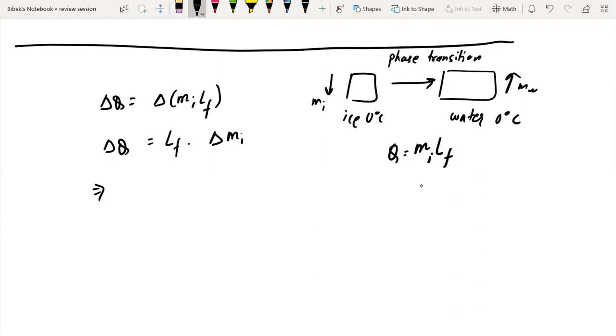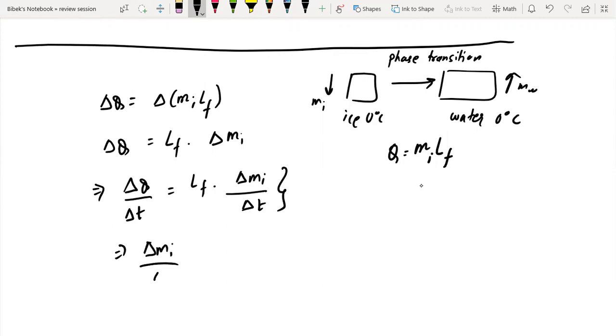Okay, so all you need to find is how this is changing. If you divide both sides by time, because power is energy divided by time, heat supplied over time is LF times delta Mi over time. So you're required to find this. Delta Mi over delta t is going to be delta Q over delta t times 1 over LF.